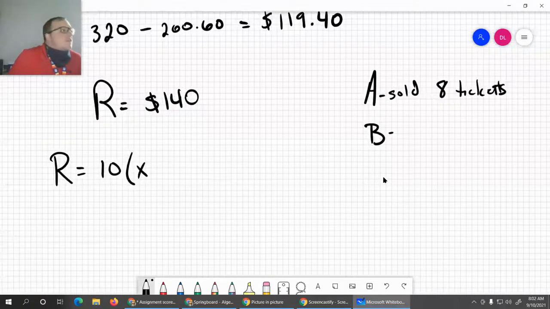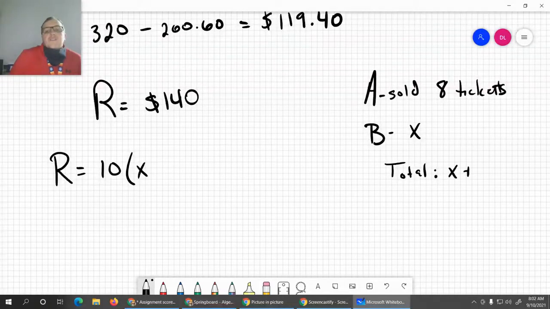Number of competitors. And the competitors have to buy a ticket. How much are the tickets? $10. How many tickets do we know we sold? We sold 8. We do not know how many Barb sold, but we know the total. We know the total is going to be whatever Barb sold plus the 8. So that's what we put here.